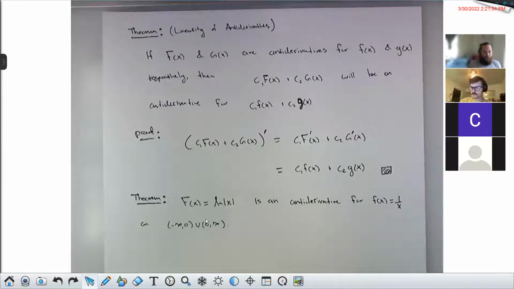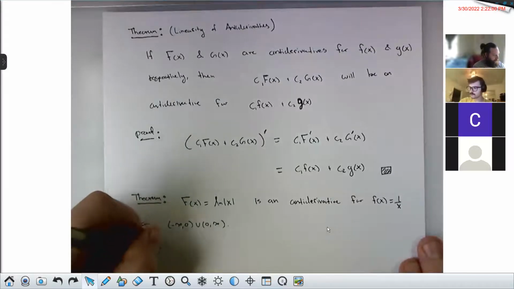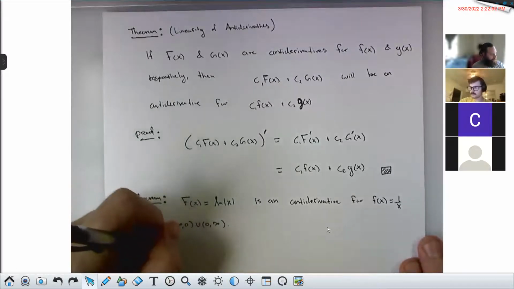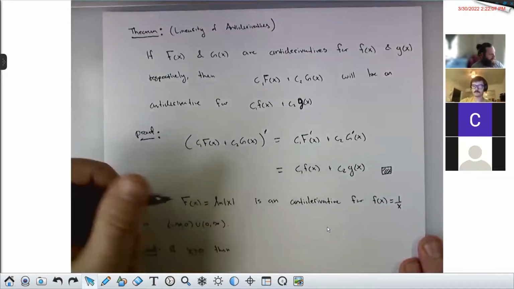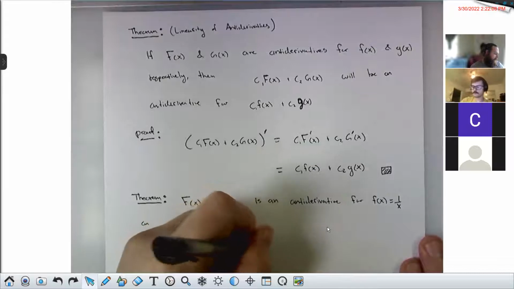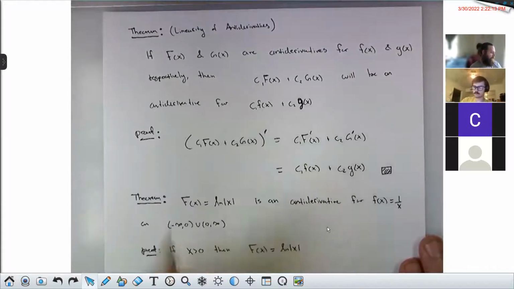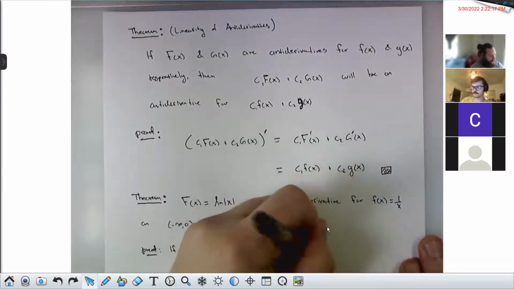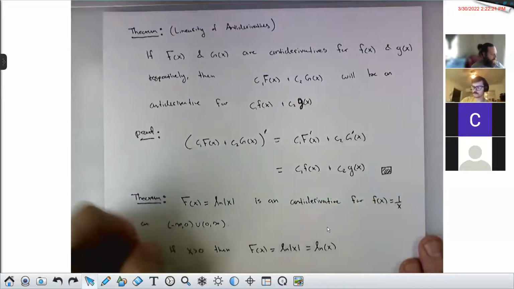On the positive reals, on 0 to infinity, I think it's fairly straightforward. If x is greater than 0, then big F of x is the ln of the absolute value of x, but x is positive, so the absolute value of x is just x itself. So this is just regular old natural log of x.